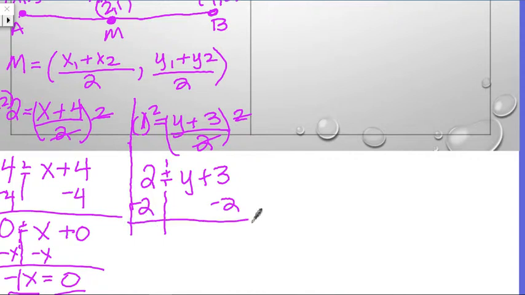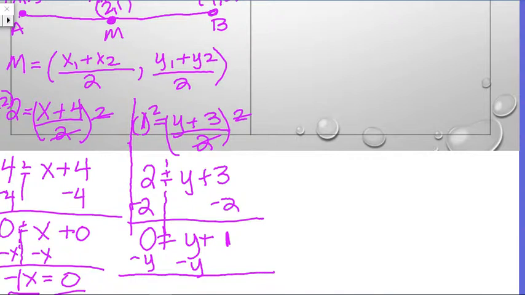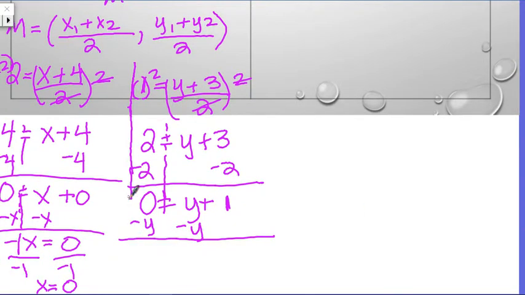And remember, when you cross over the line, you change the sign. Plus 1 minus Y, minus Y. So we get negative Y equals 1. Divide by negative 1, divide by negative 1, Y equals negative 1.